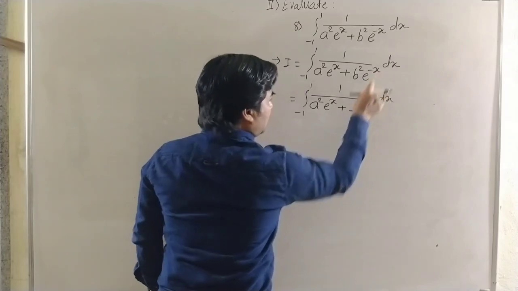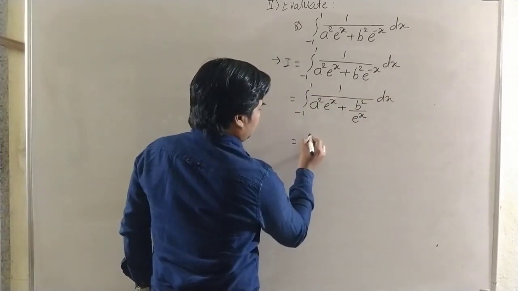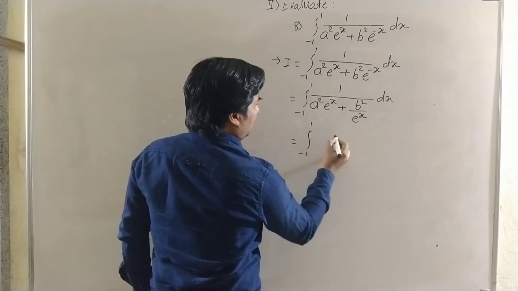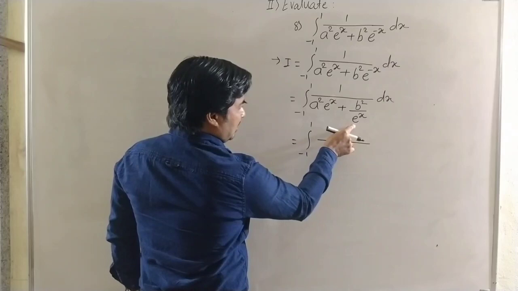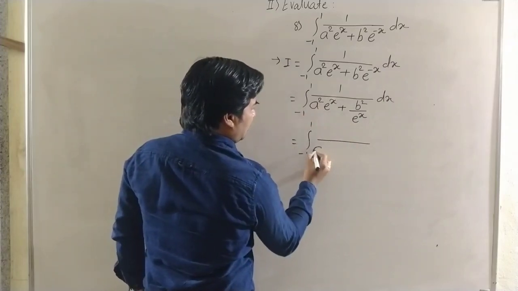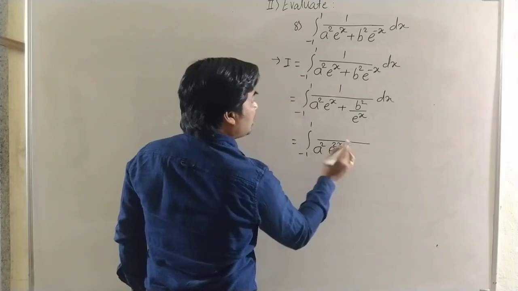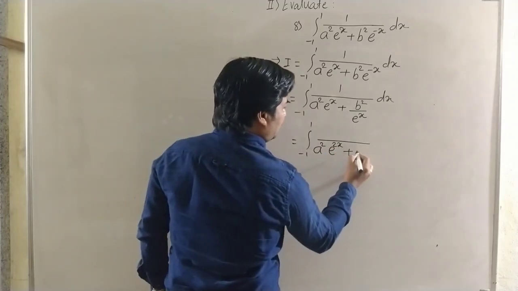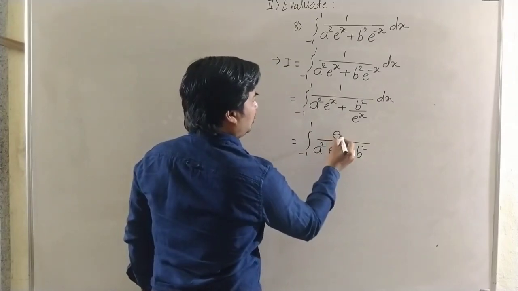Here it is e raised to minus x, we can write b square upon e raised to x, and then integral minus 1 to 1, here adding this, e raised to x into e raised to x, here a square into e raised to 2x, that means e raised to x square plus b square and whole upon e raised to x, we can write in the numerator.